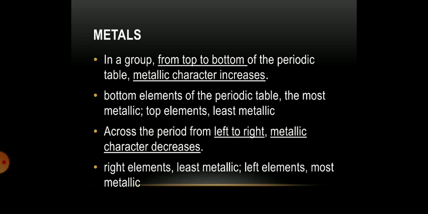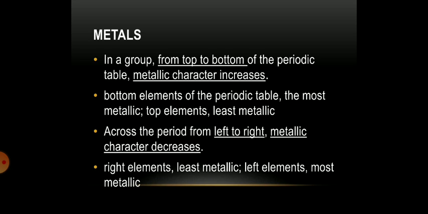Along with that, in a group, from top to bottom of the periodic table, metallic character increases. This is a very important trend which we have seen in the periodic table. Most of the bottom elements of the periodic table are metallic, and the top elements are least metallic.